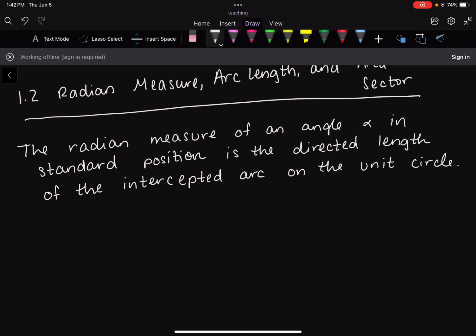This is what I would call a mathy definition.